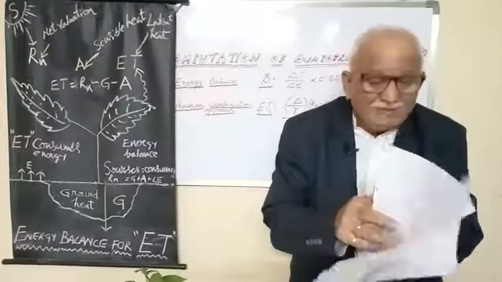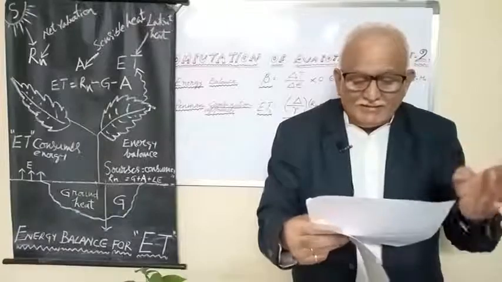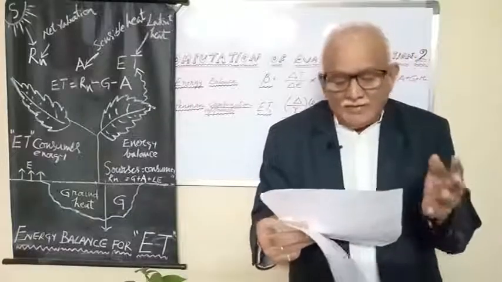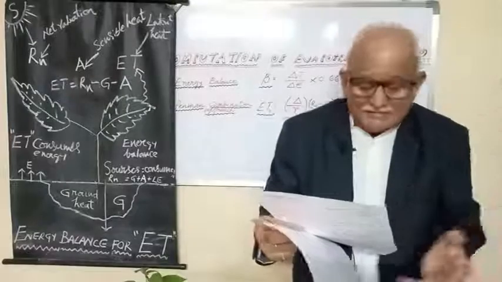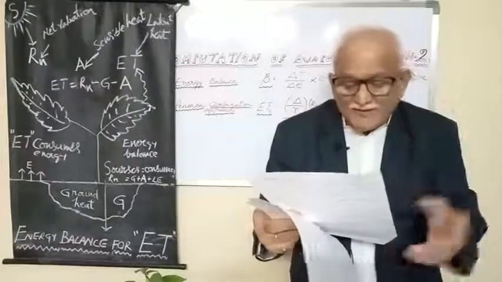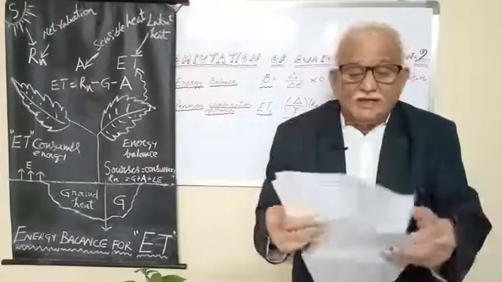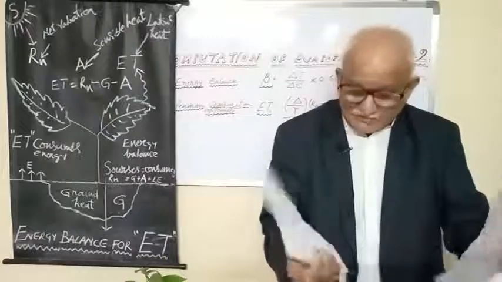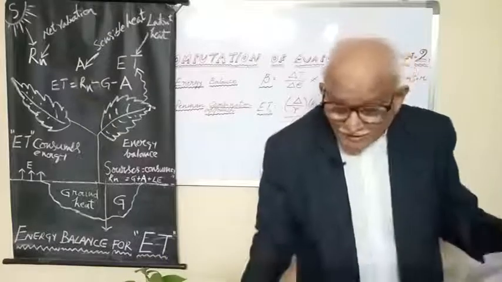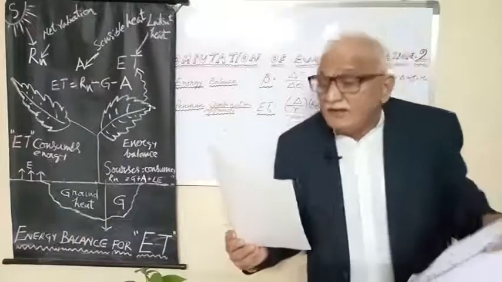So where they are not available, what he did was, for the wind function, he gave an excellent equation, and for vapor pressure, Ea minus Ed, for the humidity effect, he gave the tables. The weighing factor, W, he gave for the effect of wind and humidity, and later on he also gave the weighing factors for the effect of radiation on ETo.